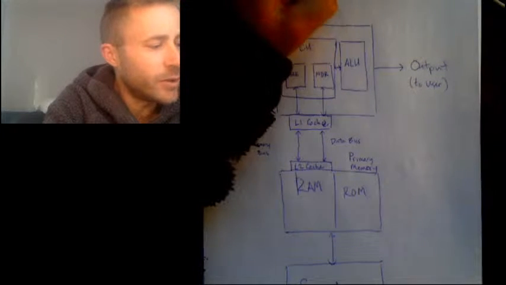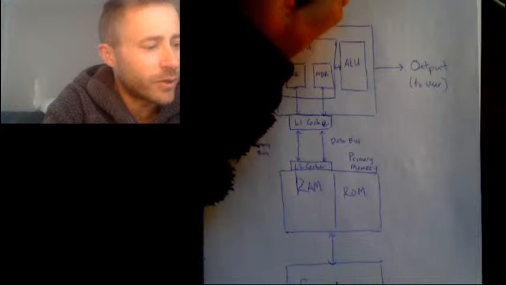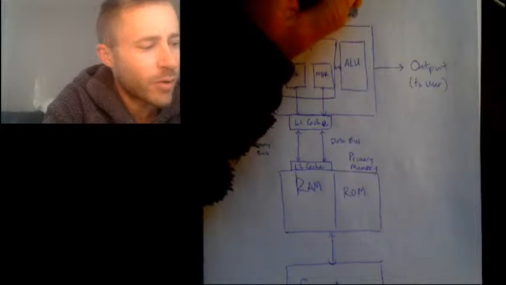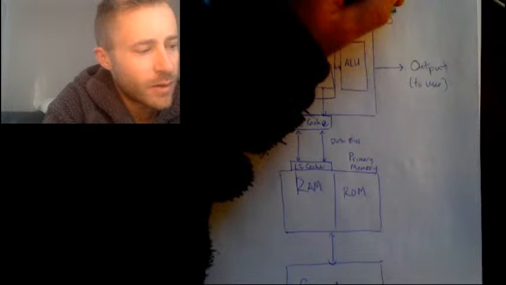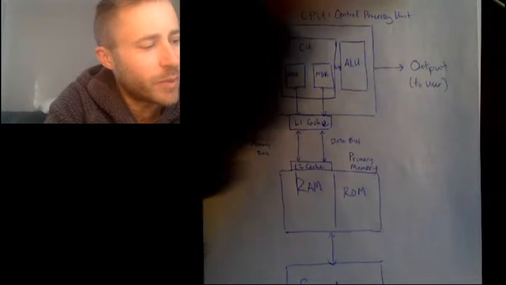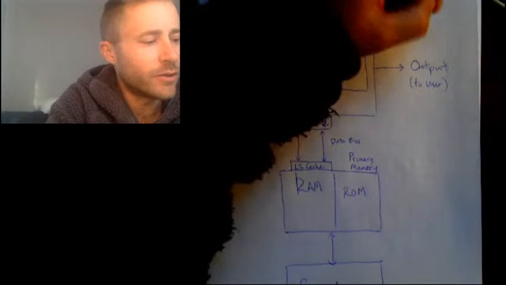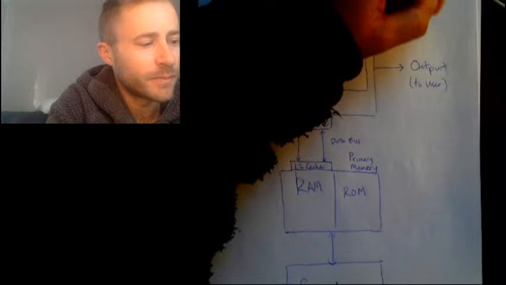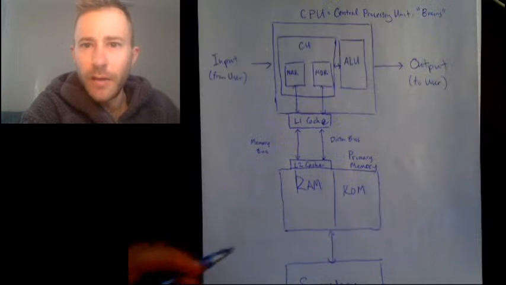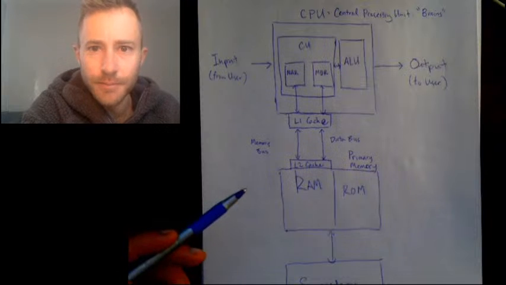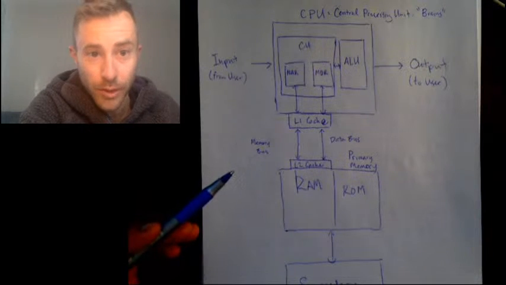There's the CPU, which stands for Central Processing Unit, which is basically the brains of the computer. And then you have memory.